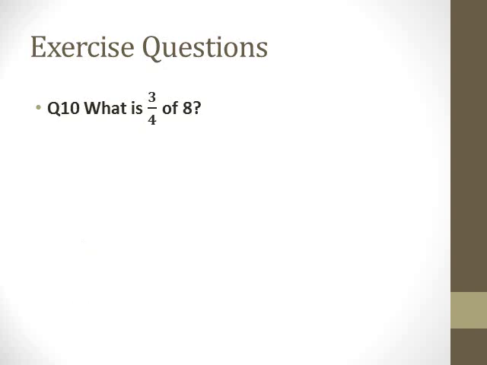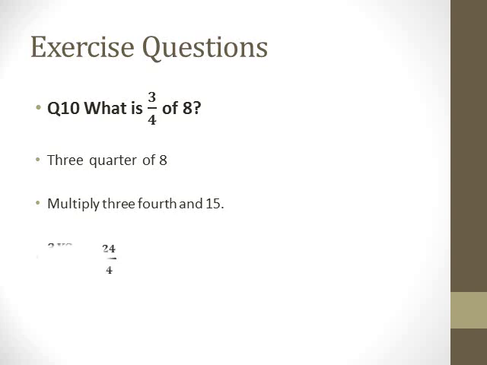Question number 10 is asking what is 3/4 of 8. The same procedure you are following. What is 3/4 of 8? And what you need to do is the same things. You need to multiply this 3/4 by 8, and when you multiply 3/4 by 8, 3 multiplied by 8 will give you 24, and 4 you write the same.